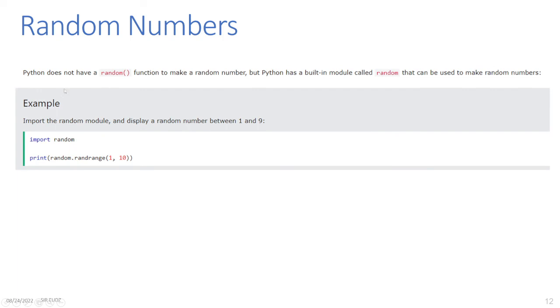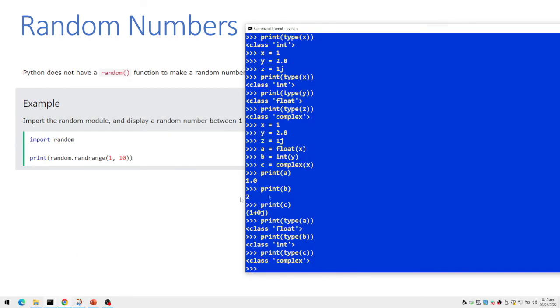Random numbers. Python does not have a random function to make a random number, but Python has a built-in module called random that can be used to make random numbers. How do we do this? We import the module and then we have random.randrange, which will print random numbers. Since I don't have the output here, let's try again.